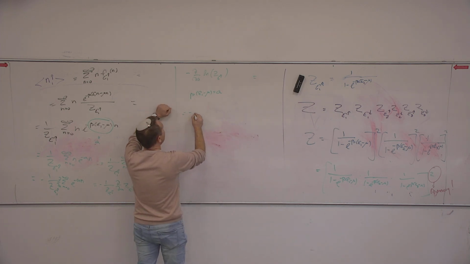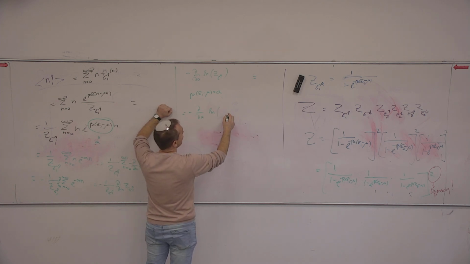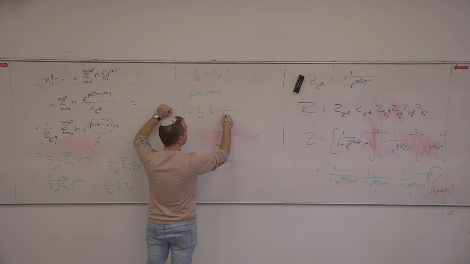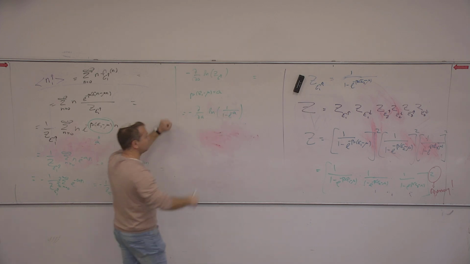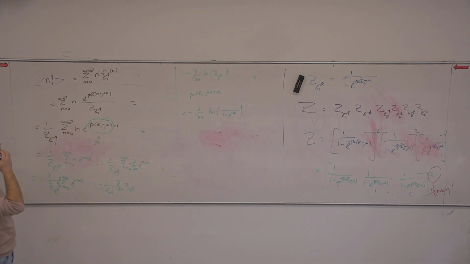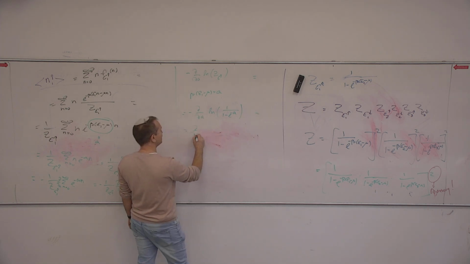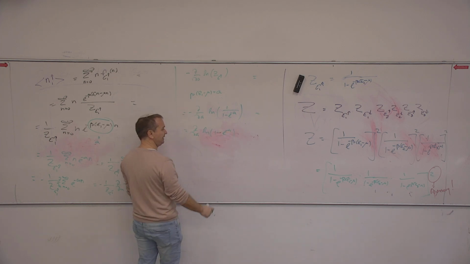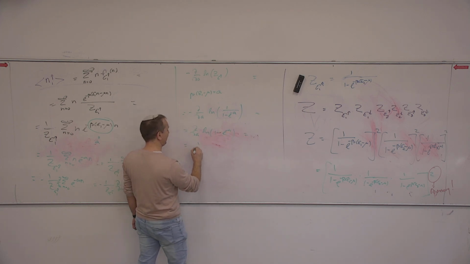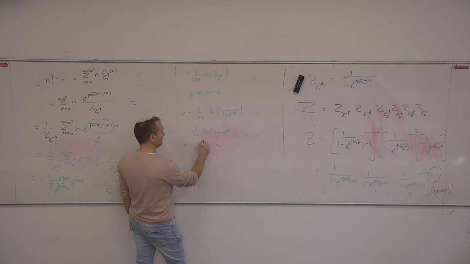It is equal to minus d over dA log of 1 over 1 minus e to the power minus A. Okay, so it is d over dA of log of 1 minus e to the power minus A, right? So it is 1 over 1 minus e to the power minus A multiplied by e to the power minus A.